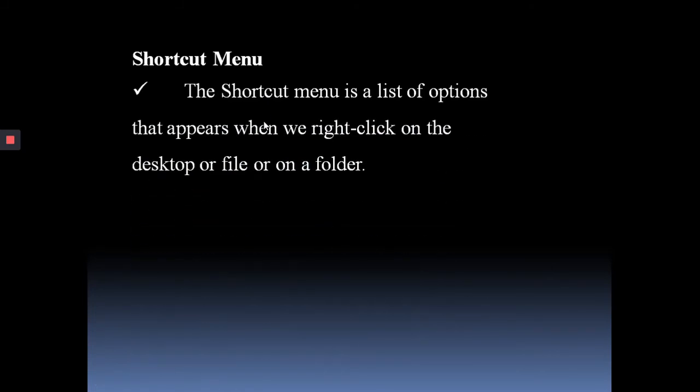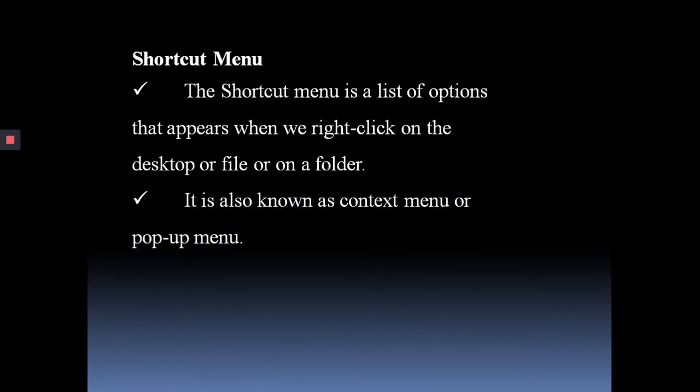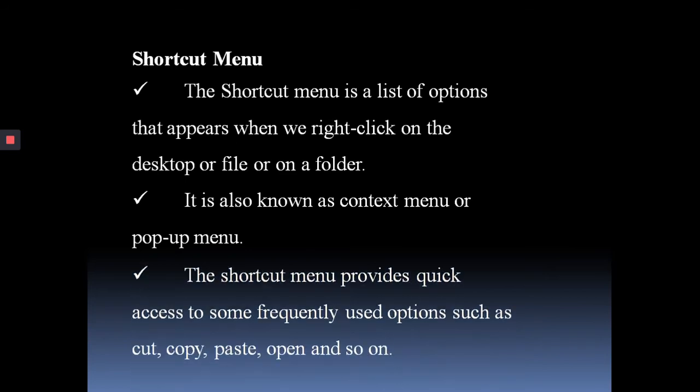The shortcut menu is a list of options that appears when we right-click on the desktop, or a file, or a folder. It is also known as the context menu or pop-up menu. This shortcut menu provides quick access to some frequently used options such as cut, copy, paste, open and so on.